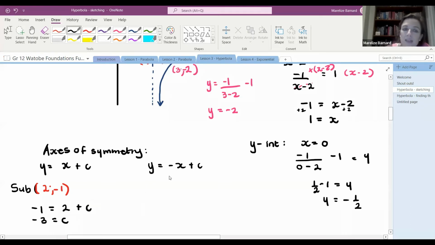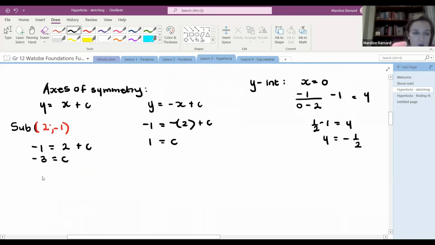And then we do the same for the other axis of symmetry. We sub in the 2 and the minus 1. So on this side, I'm going to have 1, and that is equal to c. So the equations of my axes of symmetry are y equal to x minus 3, y equal to minus x plus 1.